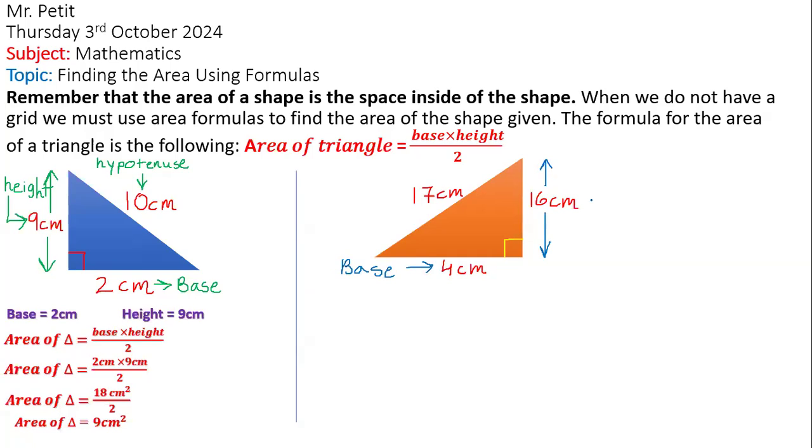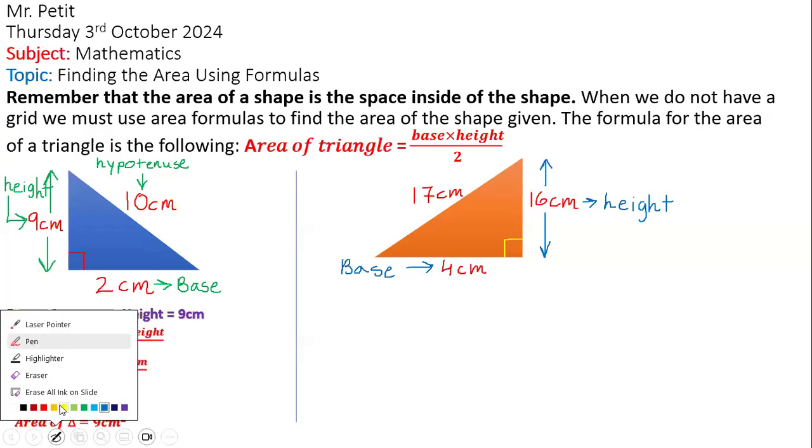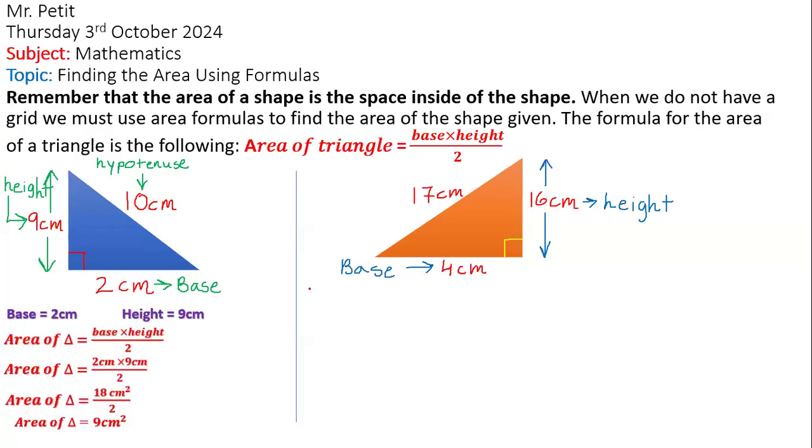This is the height. So the base is 4, the height is 16. So this is going to be what? The area of a triangle.